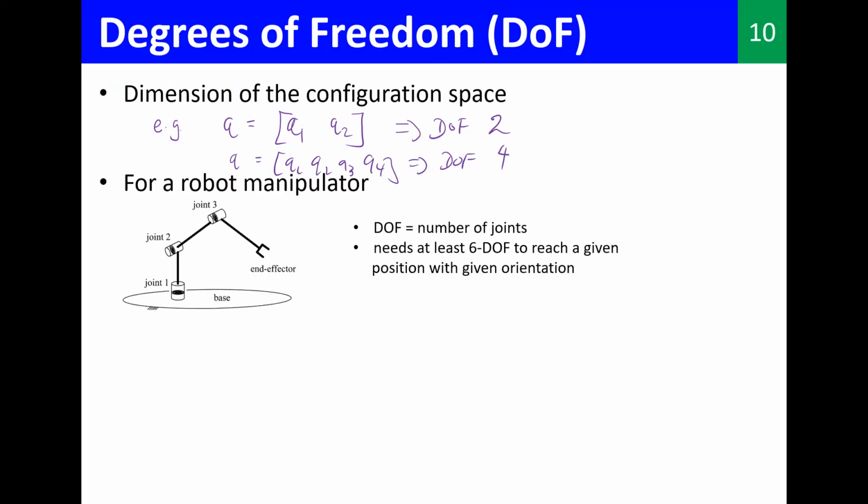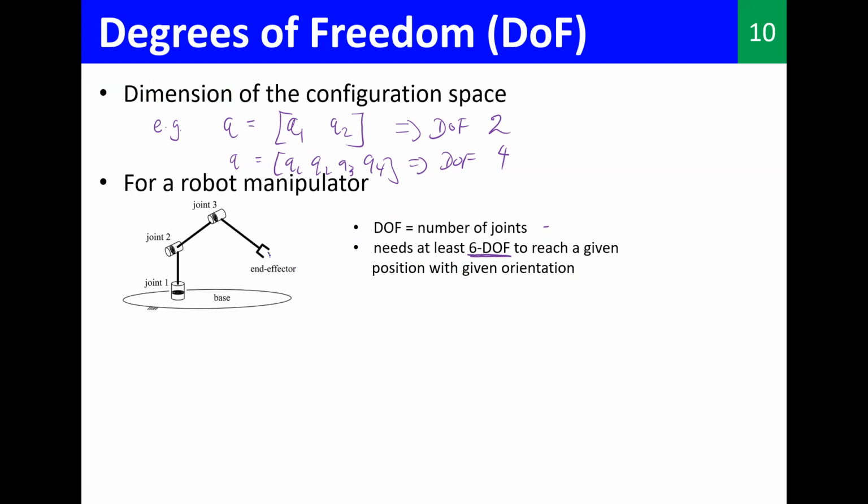Now, if you take a robot manipulator, as I told you earlier, the degrees of freedom is the number of joints. An important thing to note is we need at least 6 degrees of freedom to reach a given position.